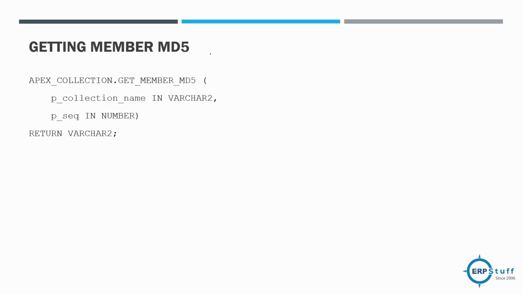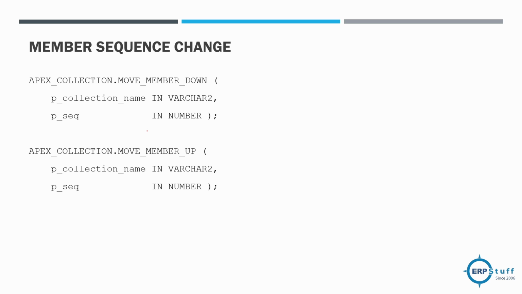Okay, getting members MD5. So you can even get MD5 using get member. Collection name and sequence. This will be your sequence. This is the member number or record number or sequence number of that collection. Member sequence change. Move member down. So for example, you have 1, 2, 3, right?